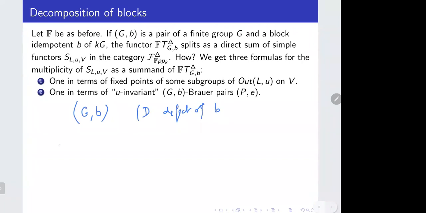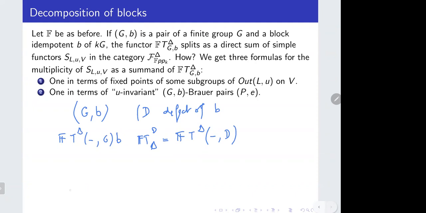Then, of course, you can always consider the functor FT delta corresponding to, so this is a representable functor FT delta of blank, D, and you have this functor represented by G and B, so FT delta of blank, G and B, and you can try to see what are the homs between these guys.